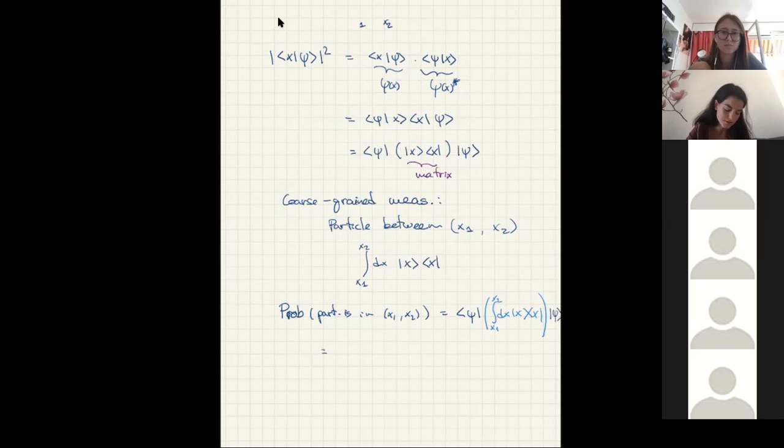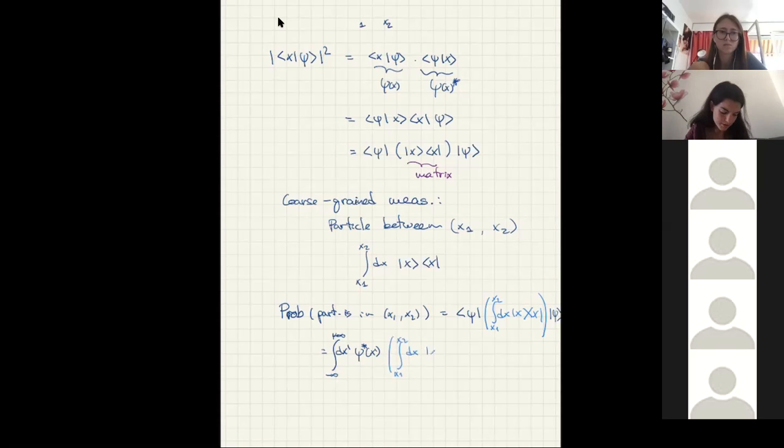I should probably let you do this in the class. So let's put here the integral dx' of psi of x', from minus infinity to plus infinity. And now comes this thing, the integral from x1 to x2 of dx |x⟩⟨x|.